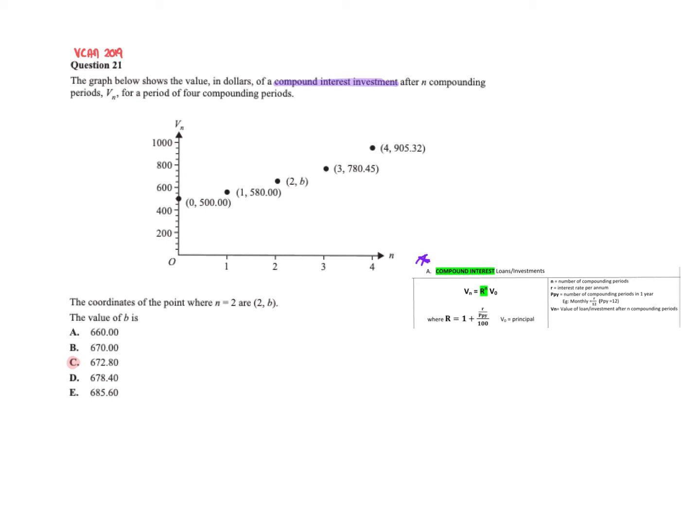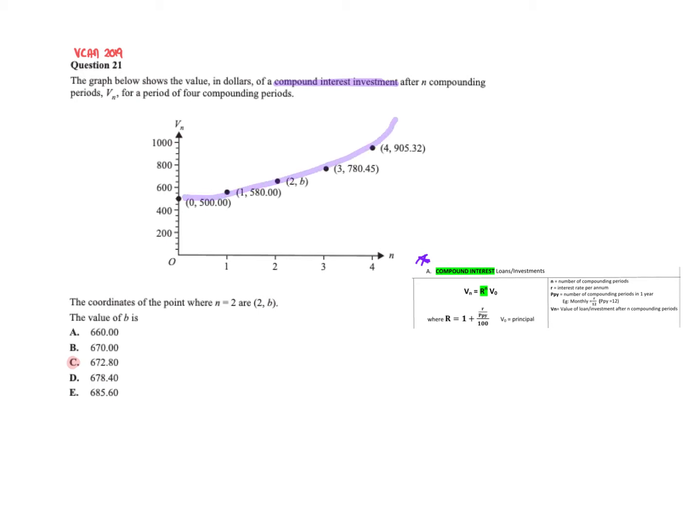Okay, so this shows you the value of an investment, compounding periods, Vn, for a period of time. You don't actually know what the periods of time are, but that doesn't matter, and you've got the value of the thing. You've got this graph, and obviously compound interest is a curved graph.